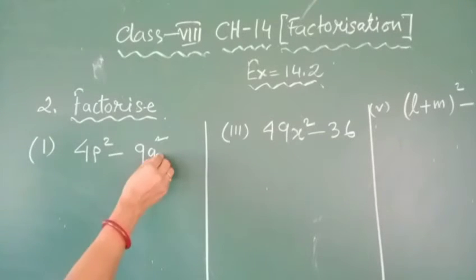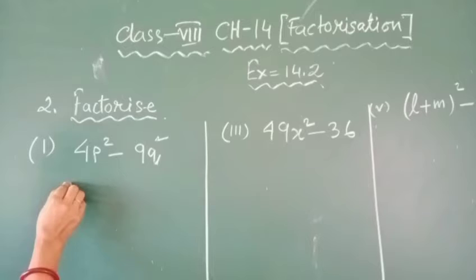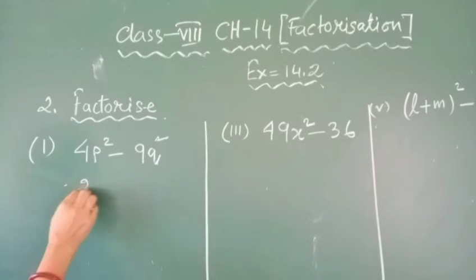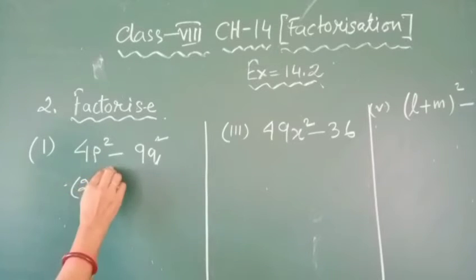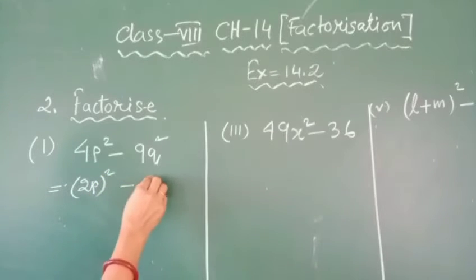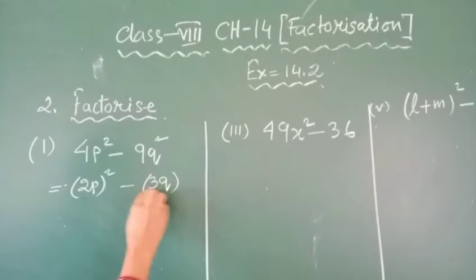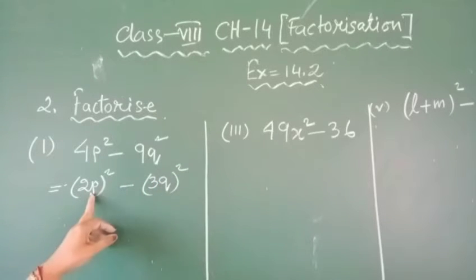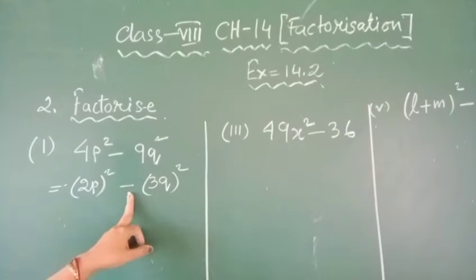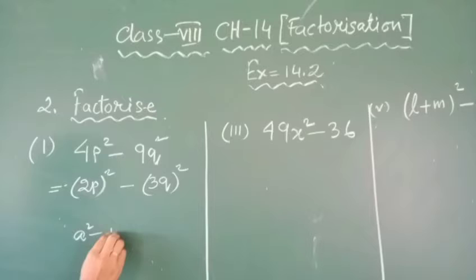We can express 4p square as (2p) whole square, is it? And 9q square as (3q) whole square, isn't it? Now both the numbers are square numbers and a minus sign is there. It fits with the identity a square minus b square equals (a plus b) into (a minus b).